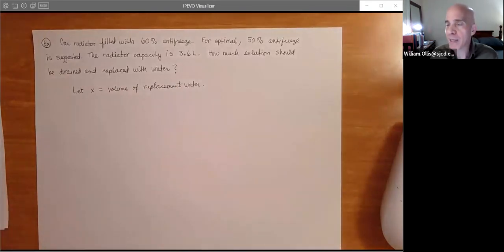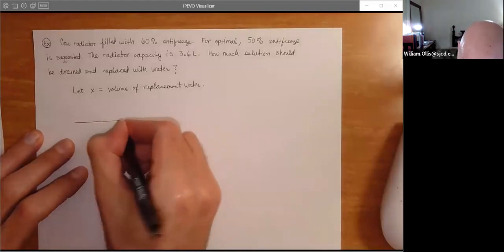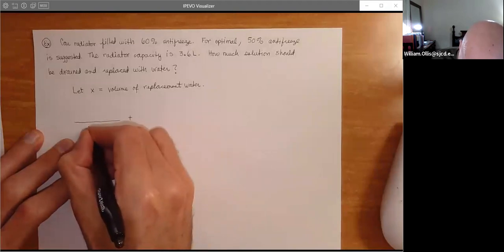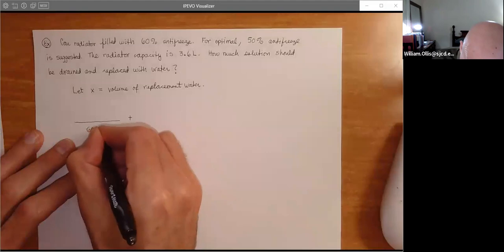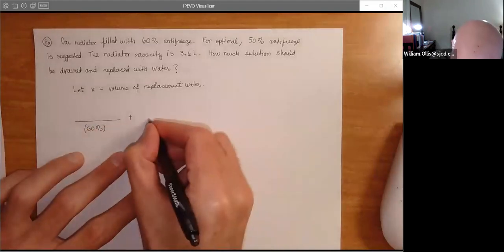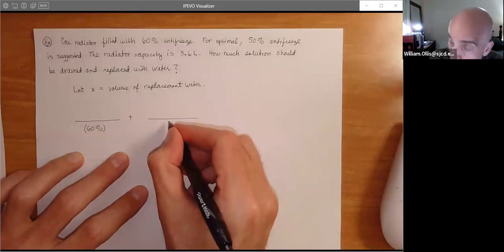So again, you're thinking concentration, amount of acid, but water doesn't have any acid in it. That makes this problem so simple. If you look at it in terms of the blanks, we have a 60% solution of antifreeze. And then we're going to add water.